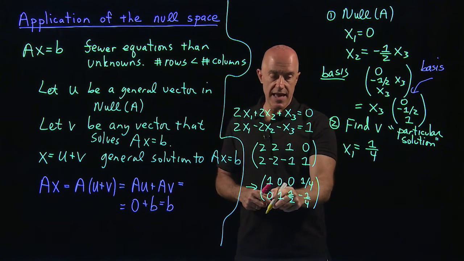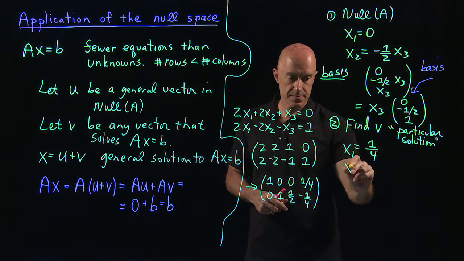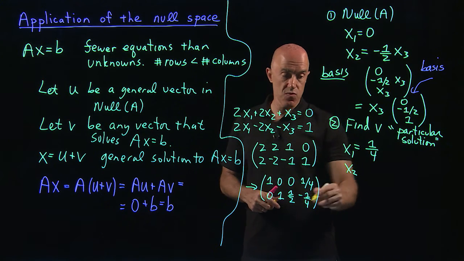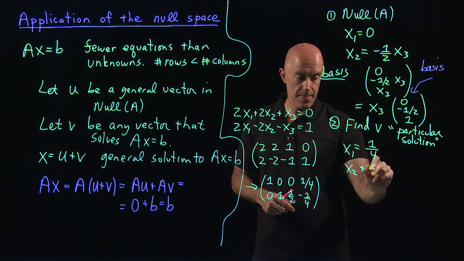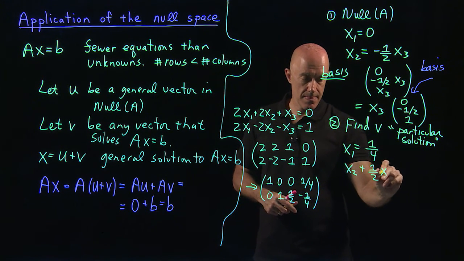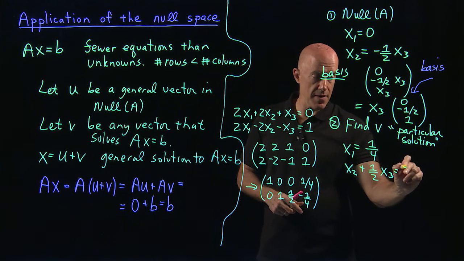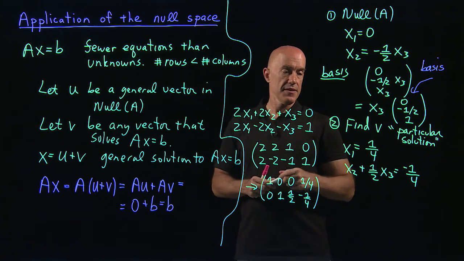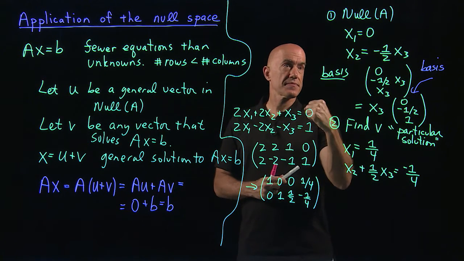And then we get x2 plus 1 half x3 equals minus 1 quarter.